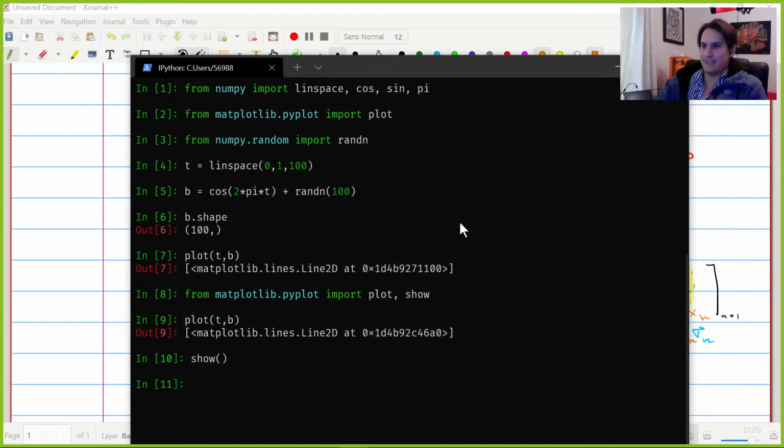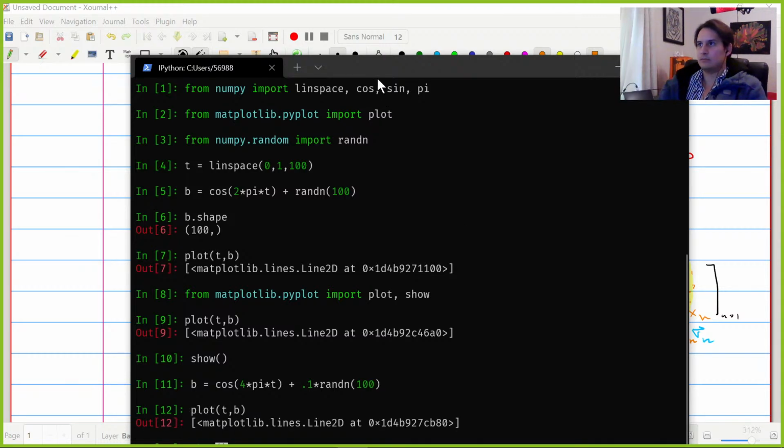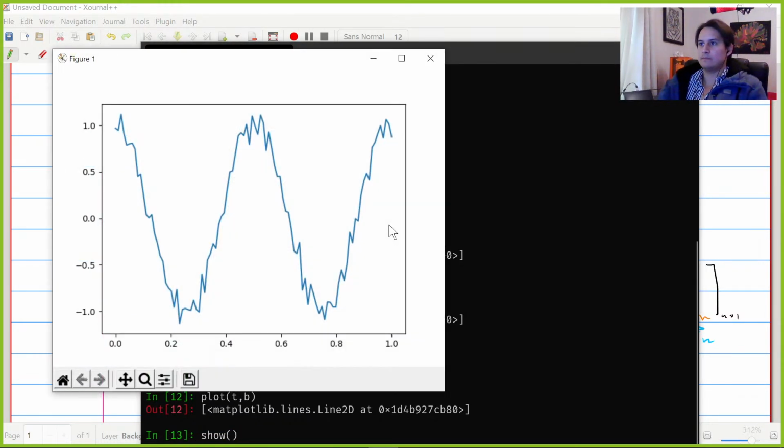Maybe too much noise. Let's make it a little bit less by multiplying this by 0.1. And we're going to increase the frequency a little bit. Okay. So we have our noisy signal here, V, that is represented by a sinusoidal function or cosine function.